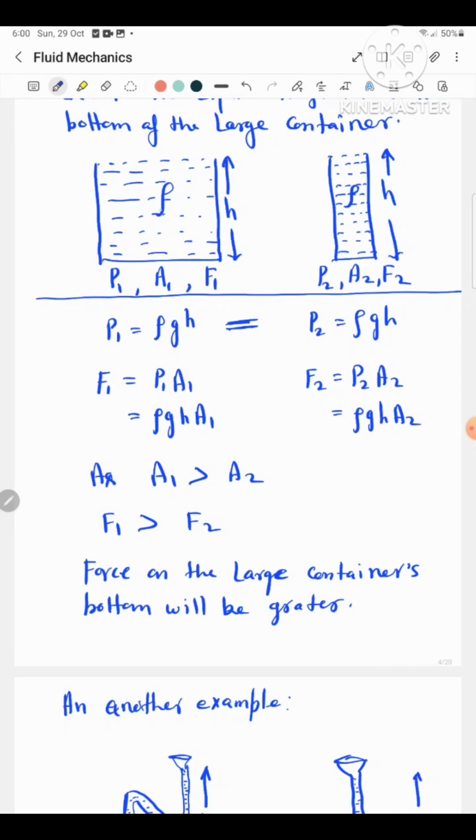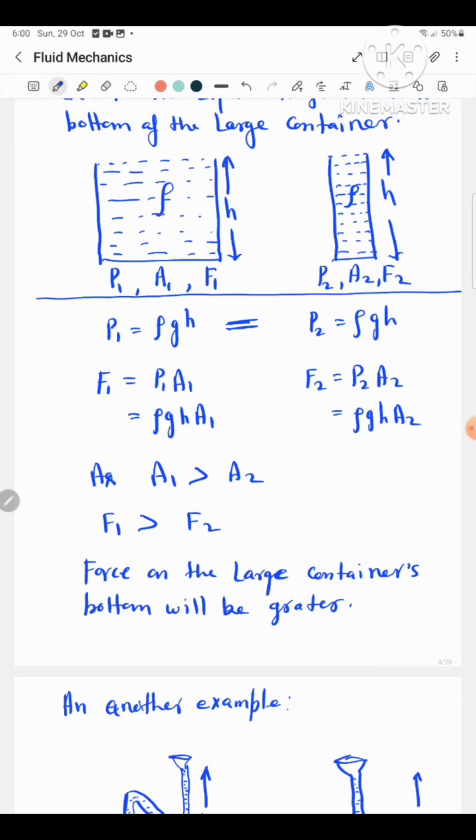The same liquid of density rho is filled to the same height. Here pressure in the first container will be rho g h, as we have calculated above, and pressure on the bottom of the smaller cross-sectional area container is also rho g h, because it does not depend upon the cross-sectional area.